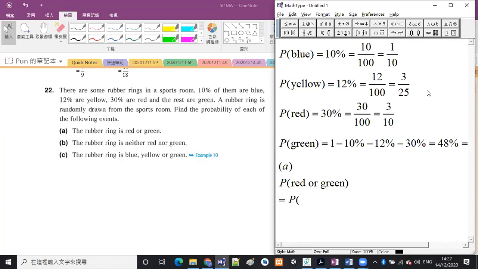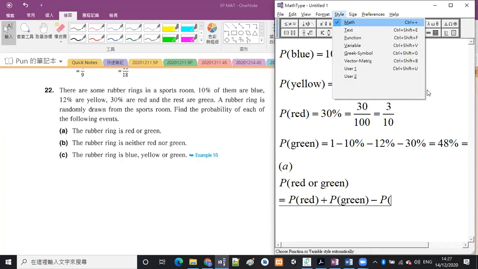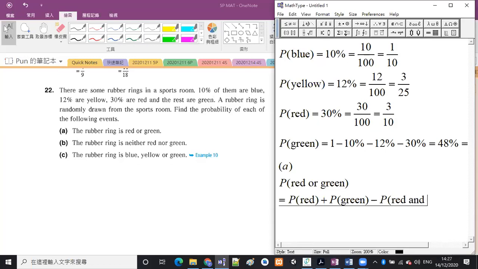So it will be P red plus P green, and then minus P red and green. But we know that there will be no rubber rings that are red and green at the same time. So there will be 0 probability, and the 0 probability can be omitted. So it should be just equal to P red plus P green.